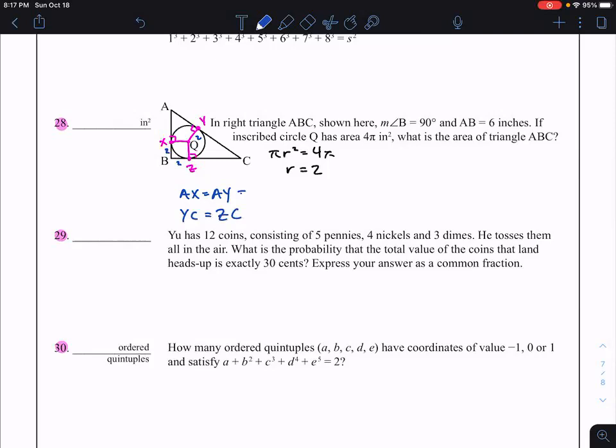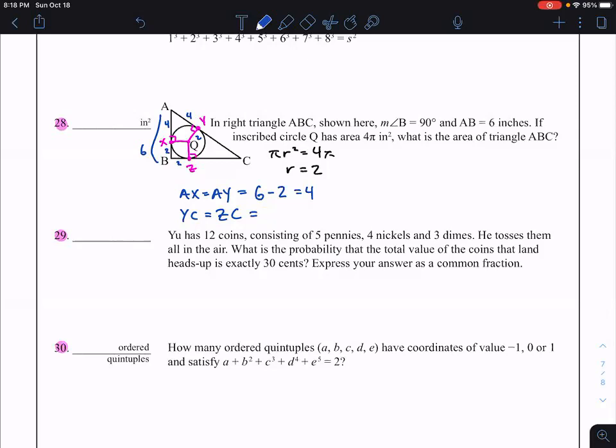AX and AY are equal to 6 minus 2, since we're given that AB is equal to 6. So that is 4, 4 and 4. Now we just need to know what YC and ZC are equal to.